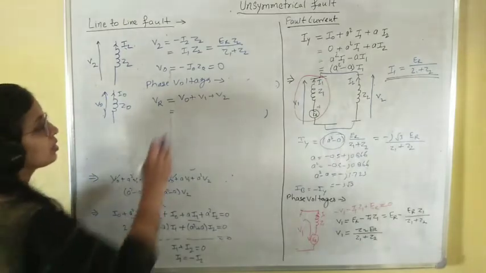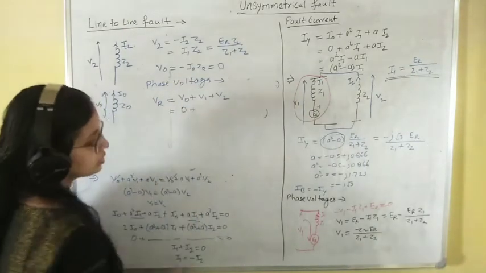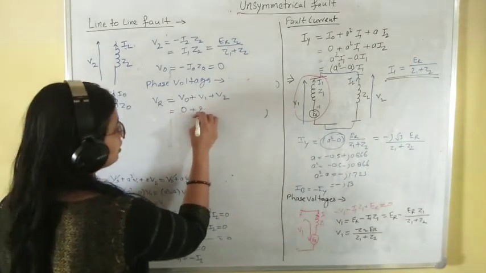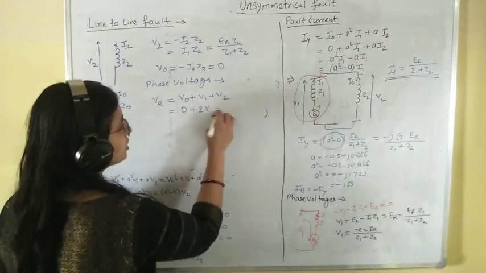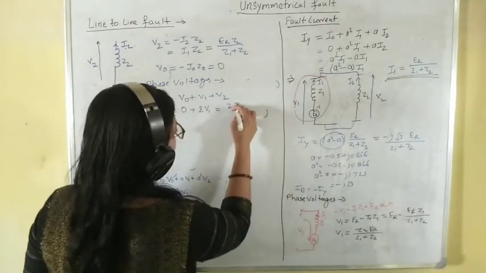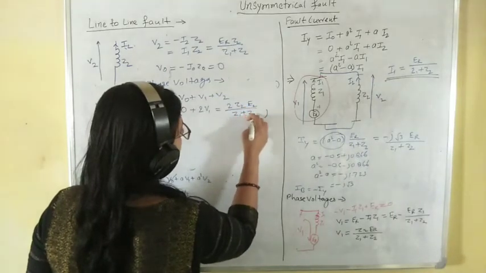So put all the values. V0 is 0, plus V1, and V2 is equal to V1. So we can write it as 2V1. That means 2 times V1, that is 2 Z2 ER upon Z1 plus Z2.